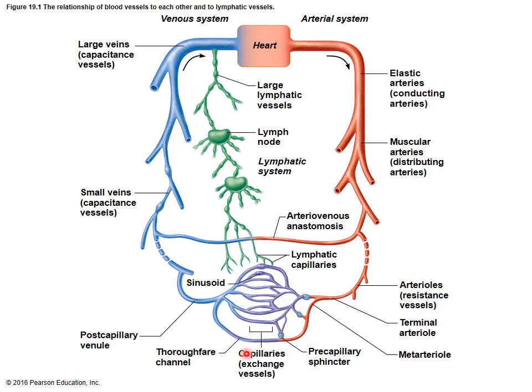So it's good to know that there are two ways for fluid and cells to get back to the heart. The whole blood goes back through a series of veins, and then you also have white blood cells and fluids that come back to the heart through the lymphatic vessels. And that's all we'll say about the lymph for now.